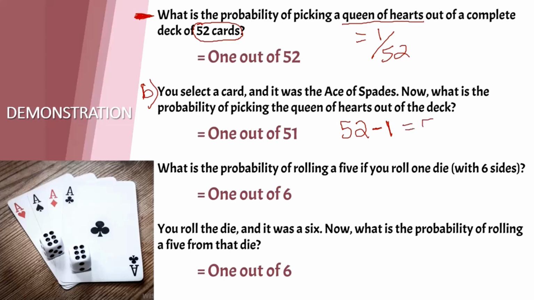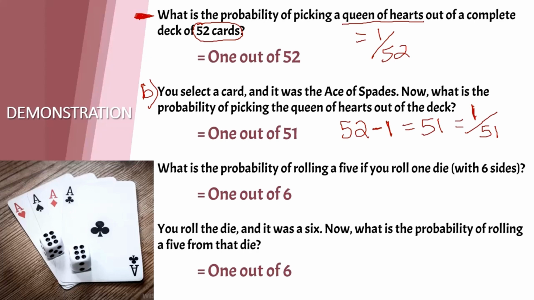So now the deck only has 51 cards in it. It still only has one queen of hearts in there, but now you're selecting out of a smaller number of cards. You're selecting out of 51 cards. So the probability, after you've taken a card out of the deck, of picking the queen of hearts is now only 1 out of 51, not 1 out of 52.